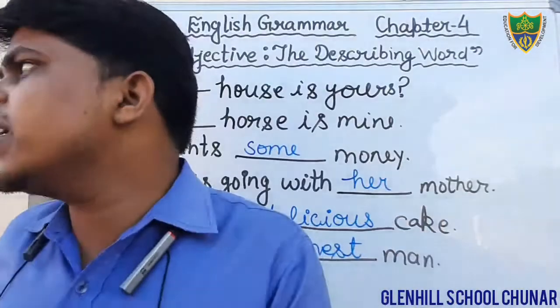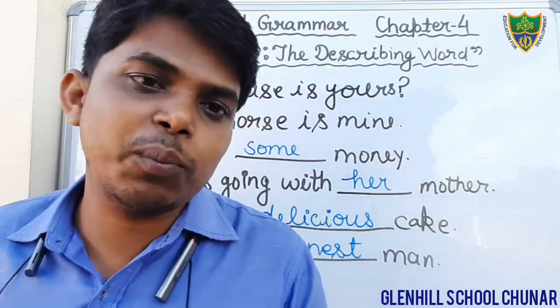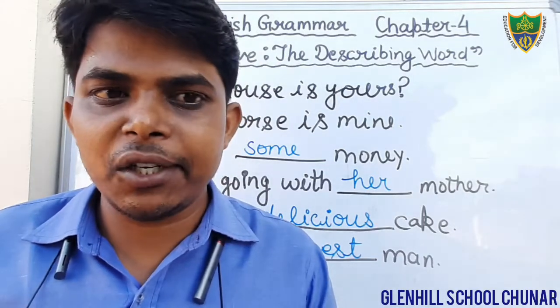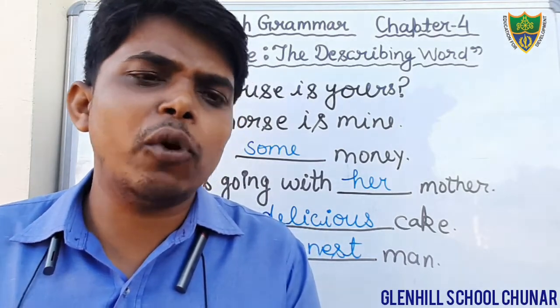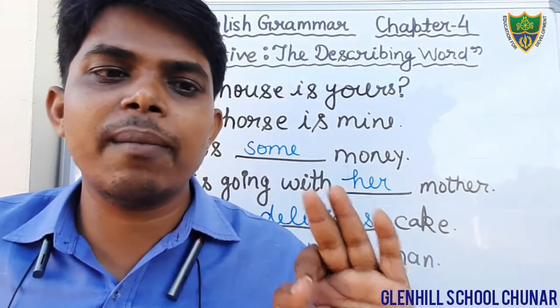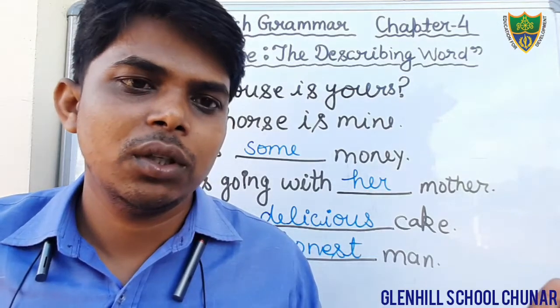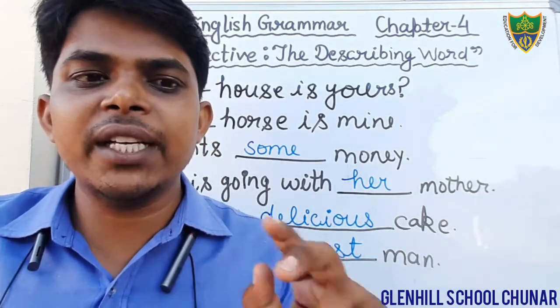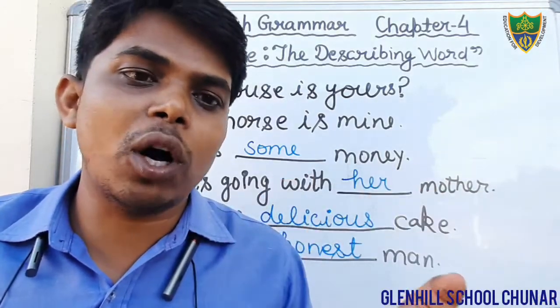Okay students, while teaching the degrees, I have taught you what is positive degree, what is comparative degree and what is superlative degree. In the positive degree, I have told you that there is no comparison at all. That is simply an adjective, the simplest form of adjective. In comparative degree, there is comparison between two people or two objects.